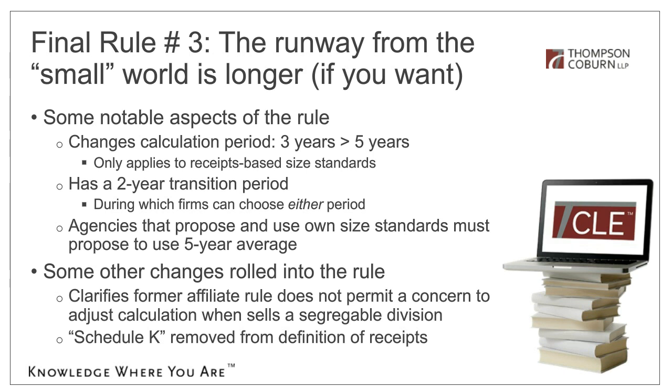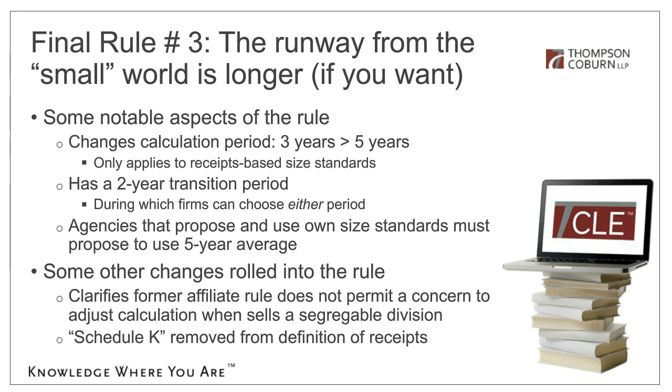And finally, there were a couple of other changes that SBA rolled into this rule. One of the things is that they clarified that the former affiliate rule does not permit a small business concern to adjust their calculation when the company sells a segregable division. The only way SBA says that you can adjust your calculation when you sell a part of your company is when that part of your company you're selling off is a separate legal entity.